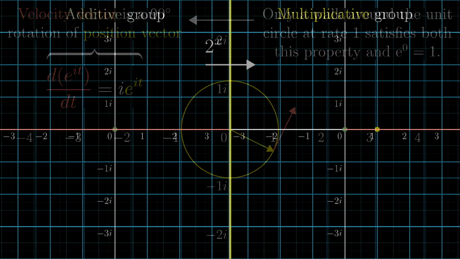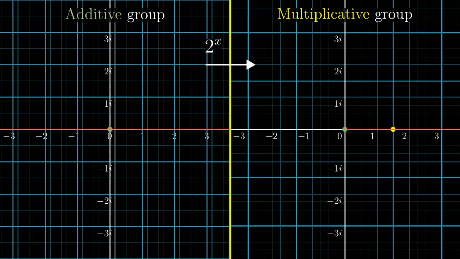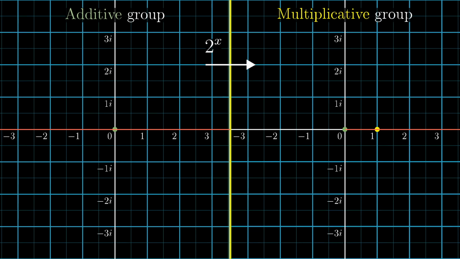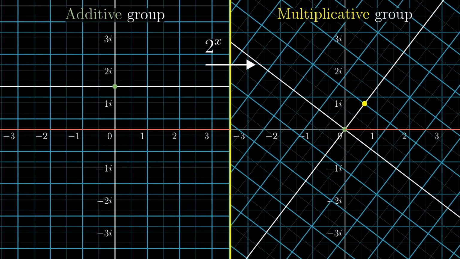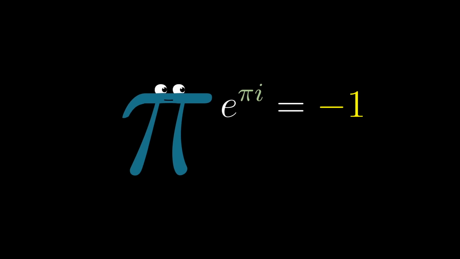The important point that I want to make here, though, is that if you view things from the lens of group theory, thinking of the inputs to an exponential function as sliding actions, and thinking of the outputs as stretching and rotating actions, it gives a very vivid way to read what a formula like this is even saying.